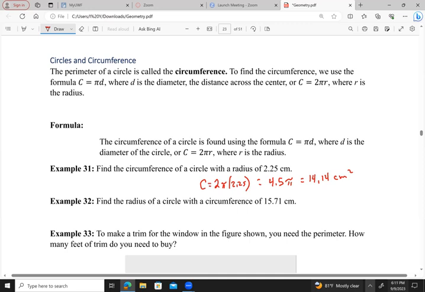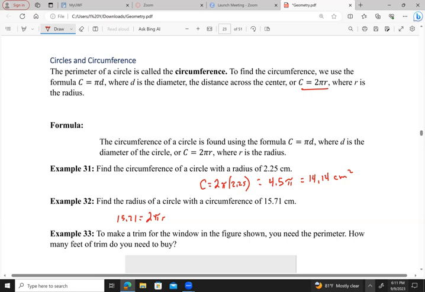Find the radius of the circle with a circumference of 15.71. So remember, this is our formula. We're looking for radius, but I know the circumference is 15.71. This equals 2 pi r.